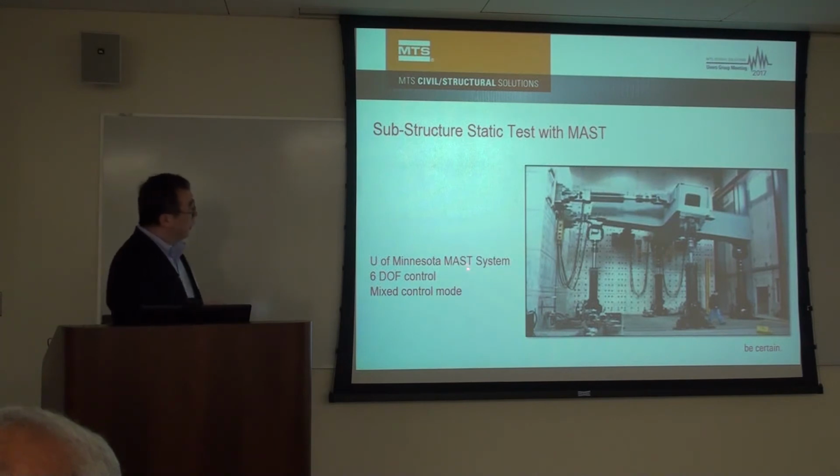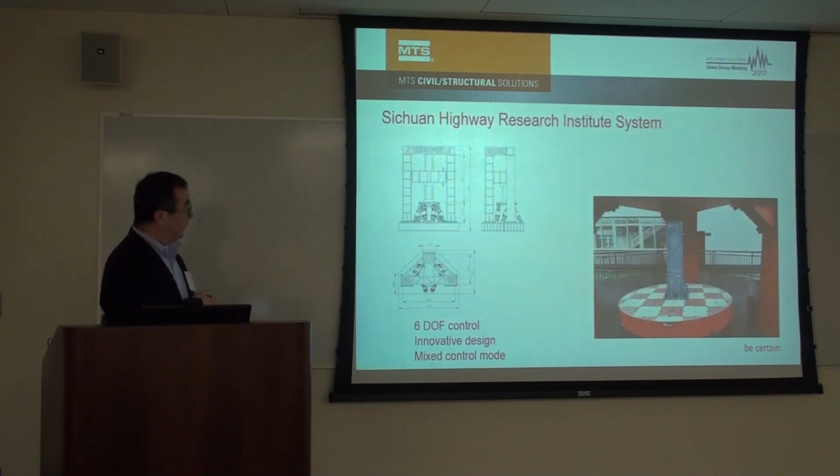So we have this degree of freedom control software, and we see the trend. The customer wants this degree of freedom control software to be used in hybrid simulation more and more. For example, this is a system we just delivered to Sichuan Highway Research Institute in China.